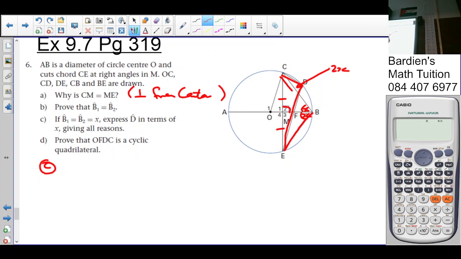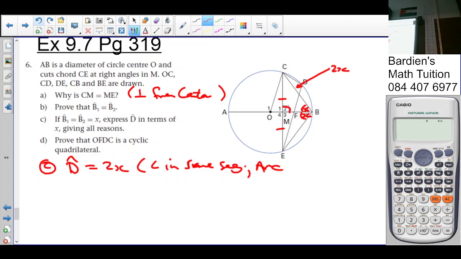Angles in the same segment. Not so. So big D, capital D, is 2X. Angles in the same segment, and it's coming from arc CE.